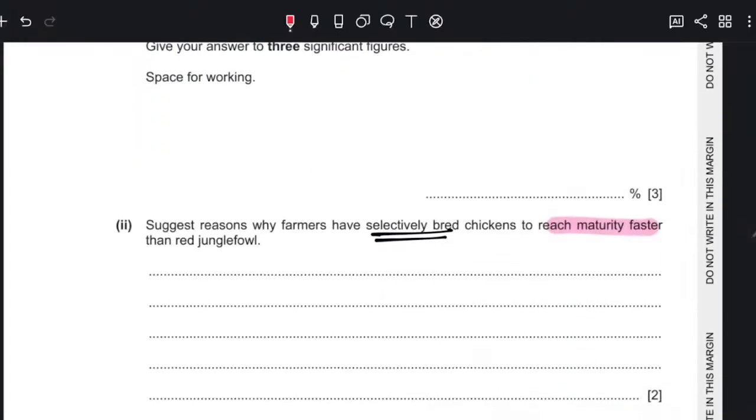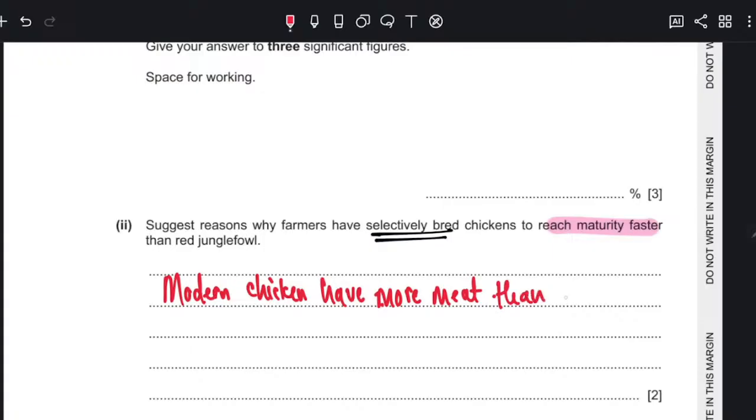So you can say, modern chickens have more meat than red jungle fowl and reach maturity earlier.